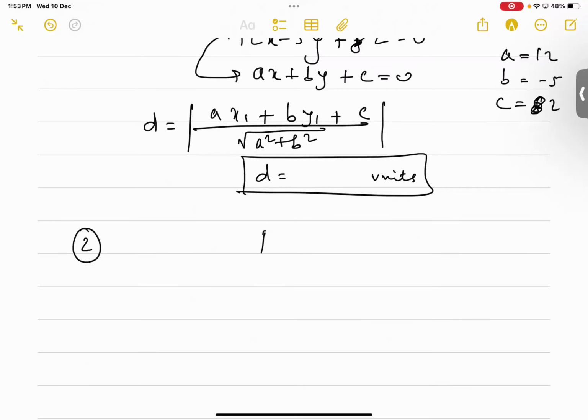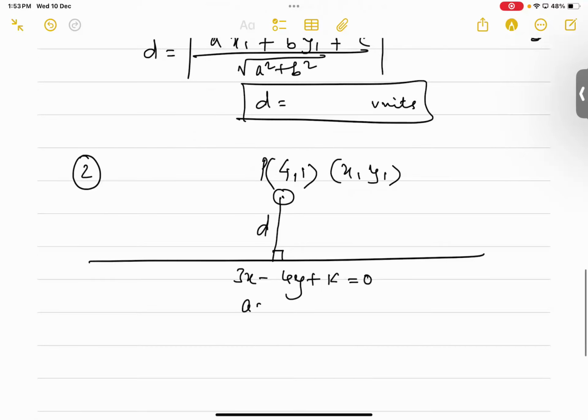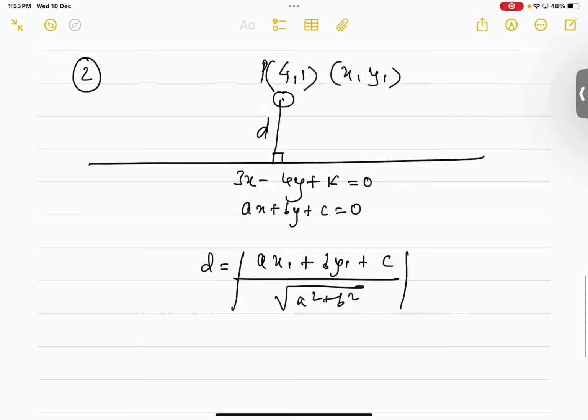So there is this point P (4, 1), let it be (x1, y1). This is D, and the line over here is 3x minus 4y plus k is equal to 0. This is already in the format of ax plus by plus c equal to 0. D is equal to modulus of ax1 plus by1 plus c upon root of a square plus b square.